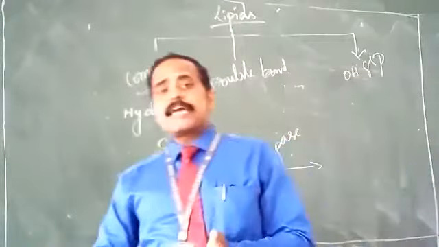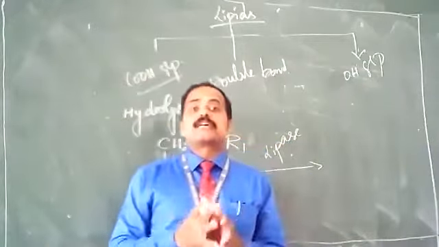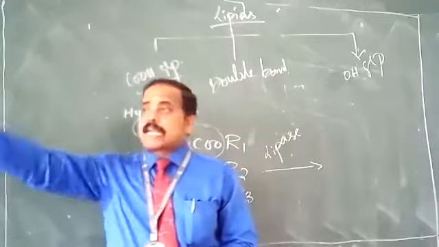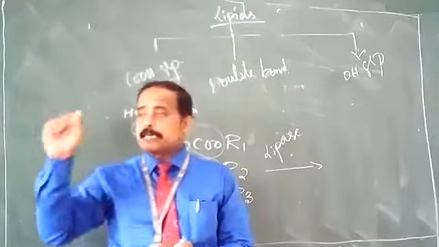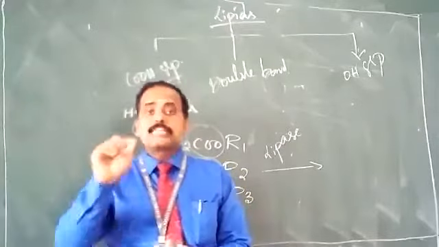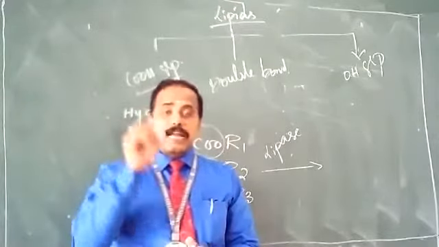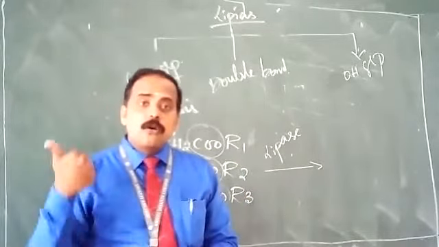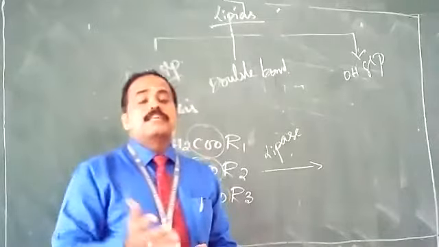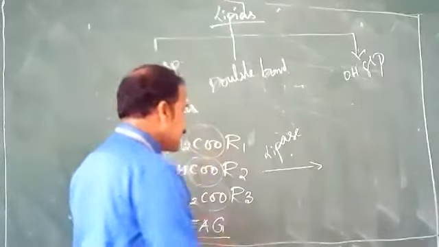We know that triacylglycerol is a complex lipid, so it cannot be directly converted to glycerol and fatty acid. It is a step-by-step, multi-step reaction wherein it undergoes hydrolysis. During hydrolysis it leaves a fatty acid.